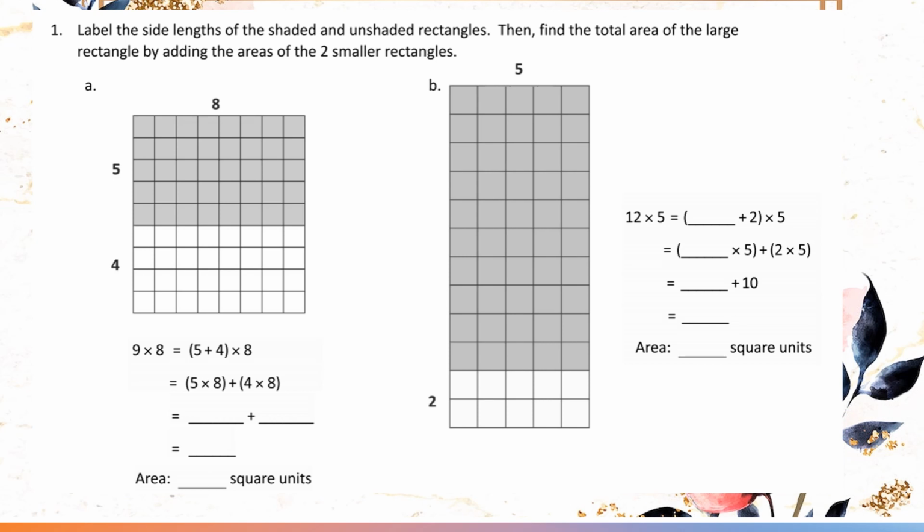Okay, now if we were counting the length of the side, all of the units all together, then we would have 9. And I'm going to show you what I mean.